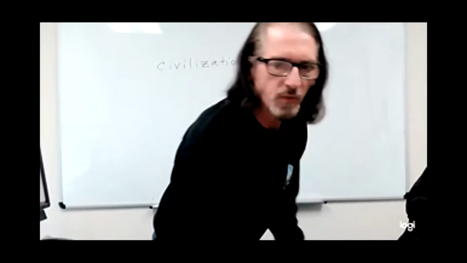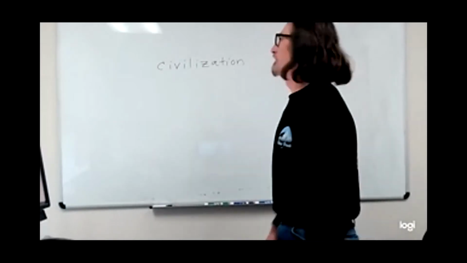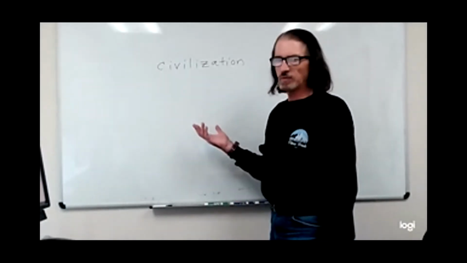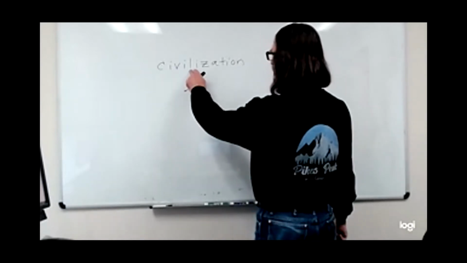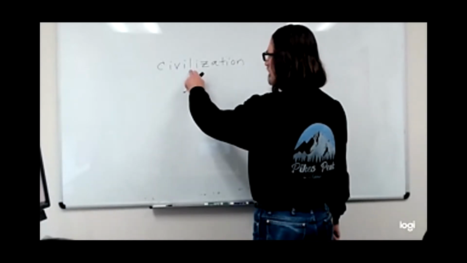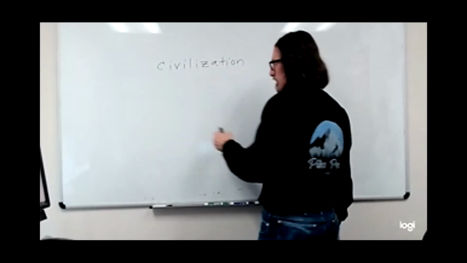Took a moment there to try to think of a word that would not typically get used for one of these examples. The typical one is radar. Well, okay, civilization. There are 12 letters in here.